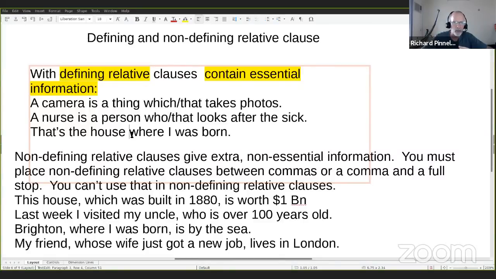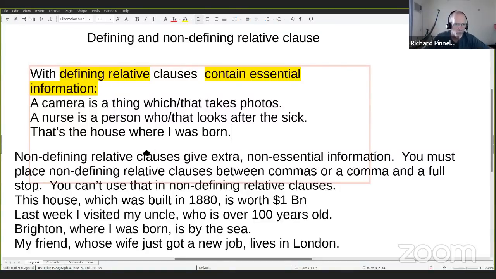That's the house where I was born. This is a defining relative clause, because if I remove that, the sentence loses its meaning. That's the house. It doesn't tell you what I wanted to tell you. So this is what we mean by a defining relative clause.